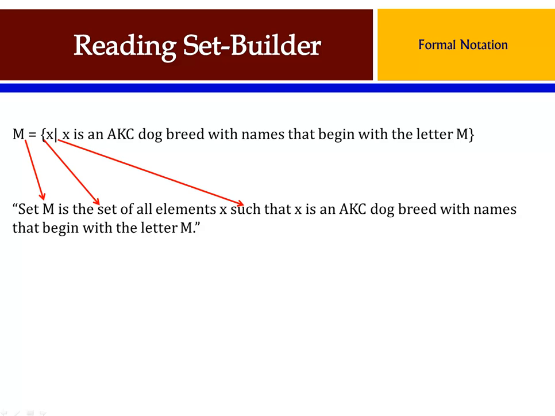Such that, and that's the way we read that vertical bar, X, any X in this set has to be an AKC dog breed with a name that begins with the letter M.